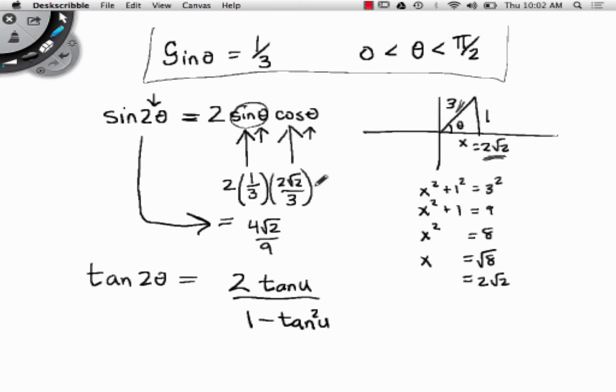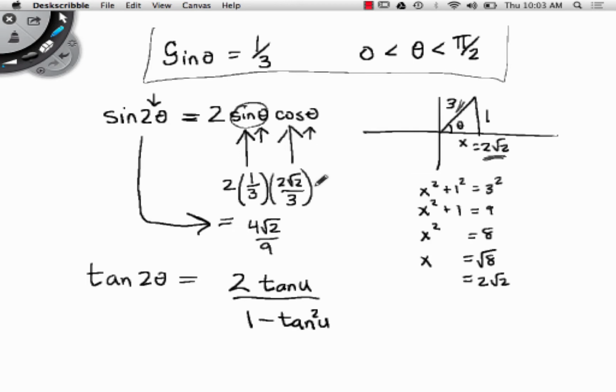If you're dealing with an angle like 11 pi over 12, you have to break that up into 3 pi over 4 plus pi over 6. So, 2 different angles. That's a 5.4 problem.